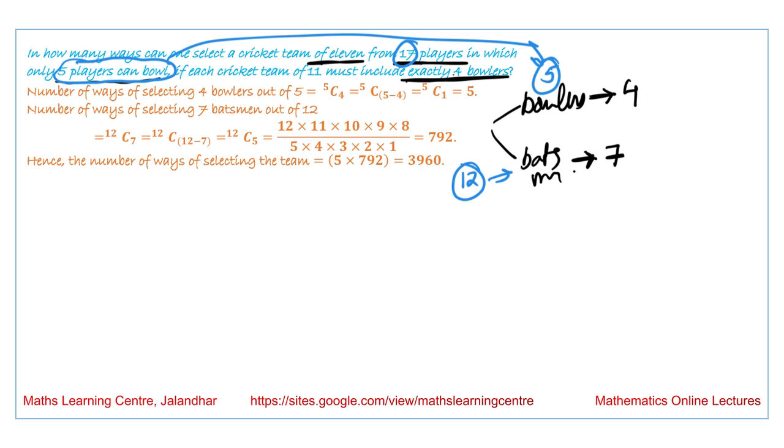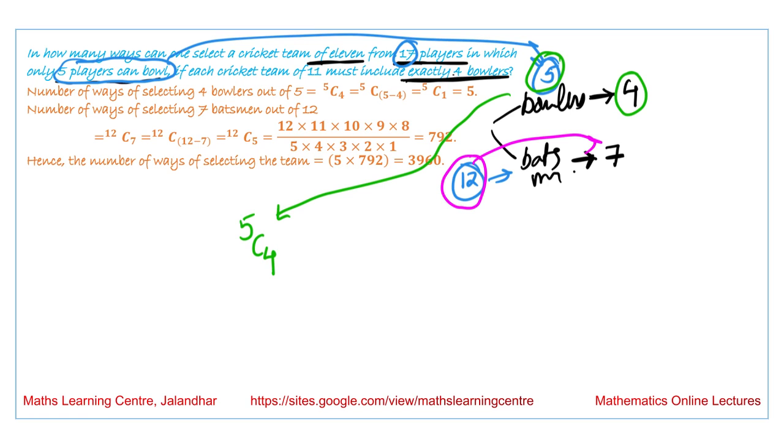So we are saying that out of these 5 bowlers we have to choose 4, and out of these 12 remaining players we have to choose 7 players. So this is equal to 5C4 into 12C7.